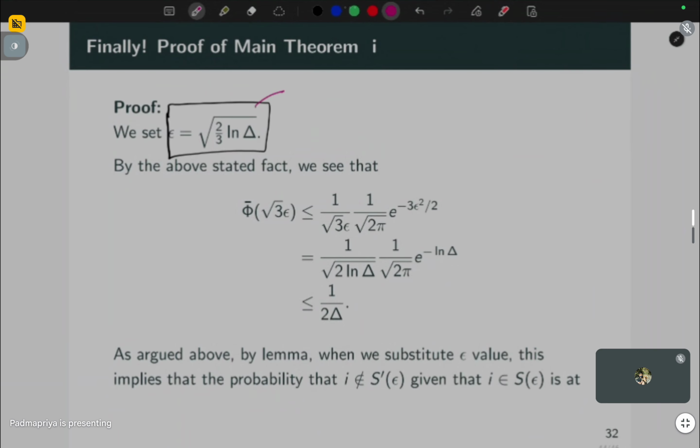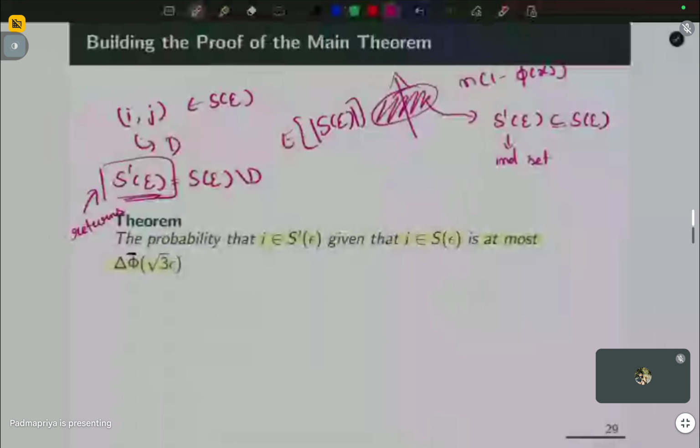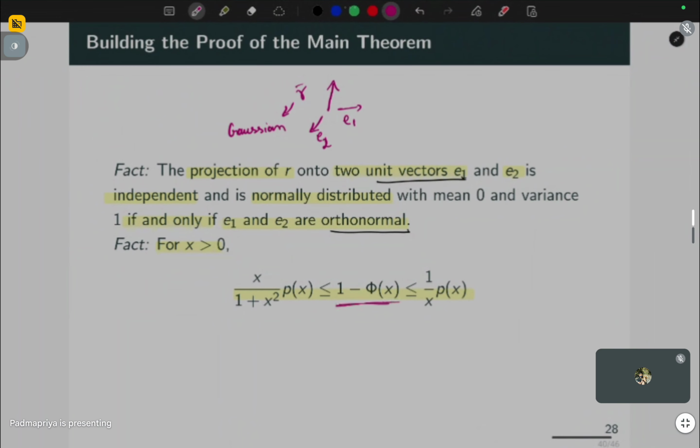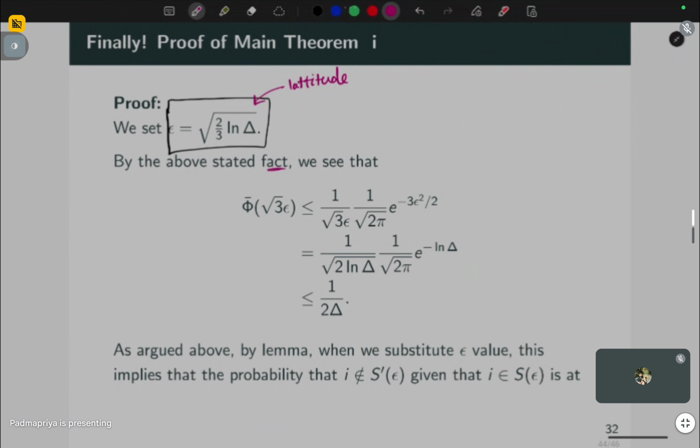So this we were calling latitude. With this epsilon and the fact we saw about how 1 minus phi of epsilon is sandwiched between these two numbers, using this side inequality, we can say this.